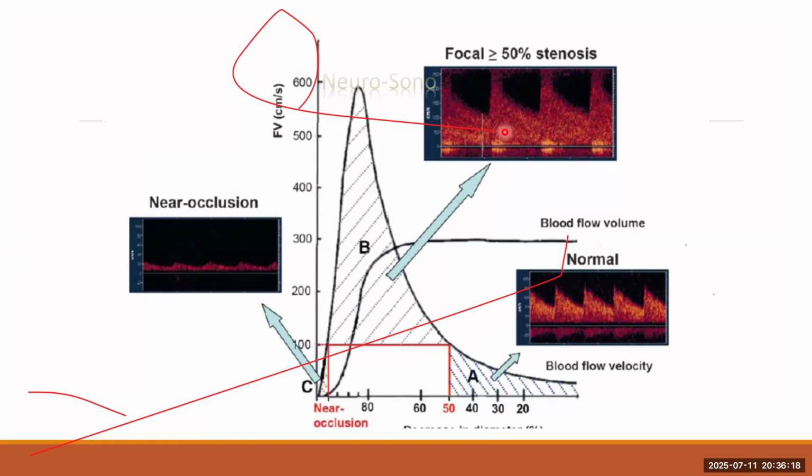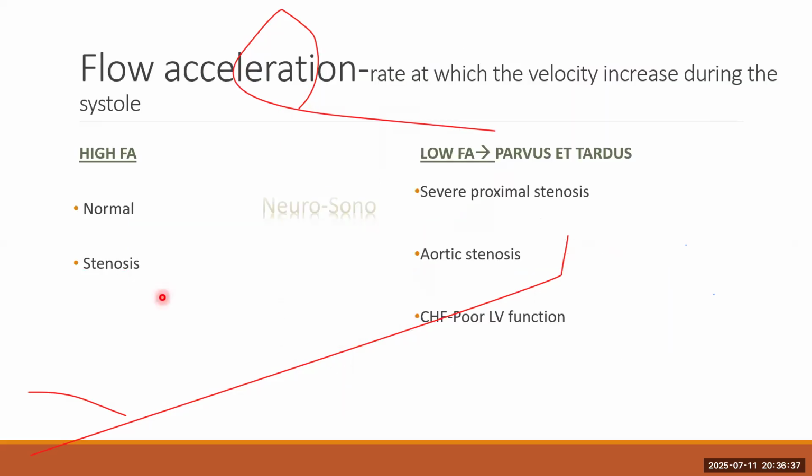So this is what the turbulence looks like. Beyond 90%, the velocity is reduced and we don't see the four normal components. That is, there is no rapid upstroke, there is no stepwise deceleration, and the diastole also is not very robust for that matter.